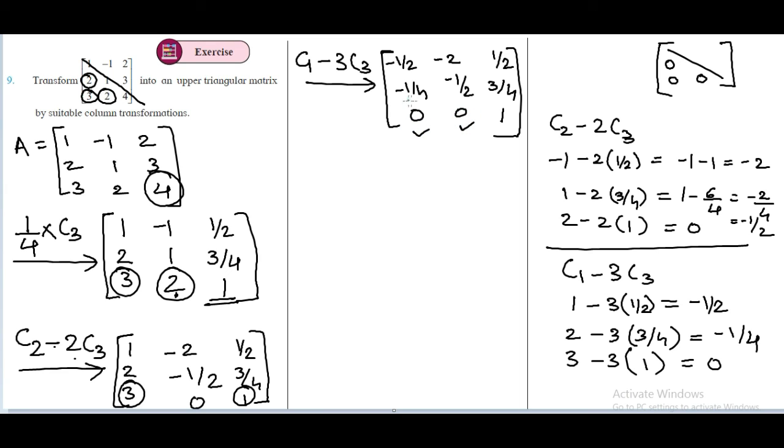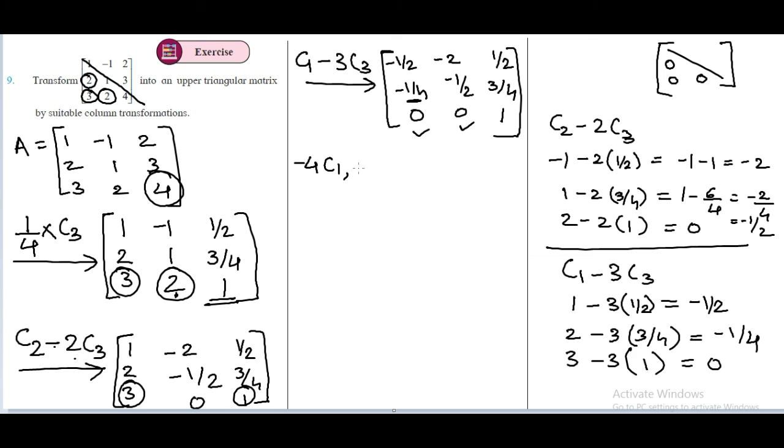Now only one place is remaining, this one. So to make our work easy, I'll multiply column 1 by 4. Let's better multiply by minus 4. Okay, so that will eliminate my denominator.